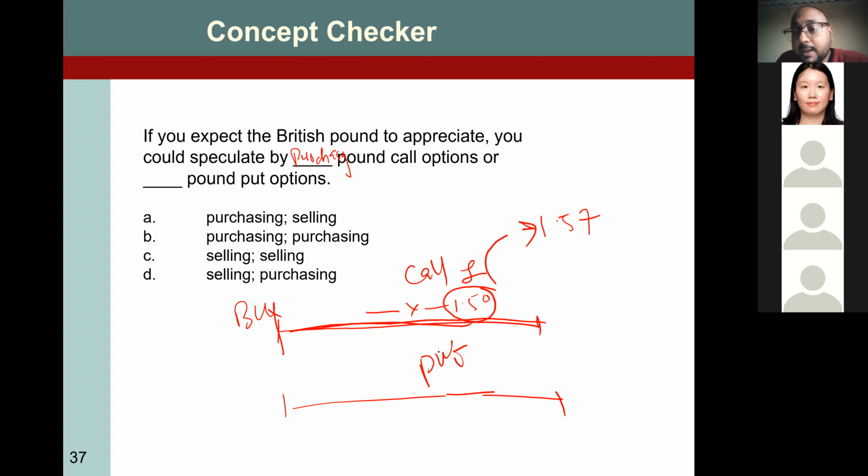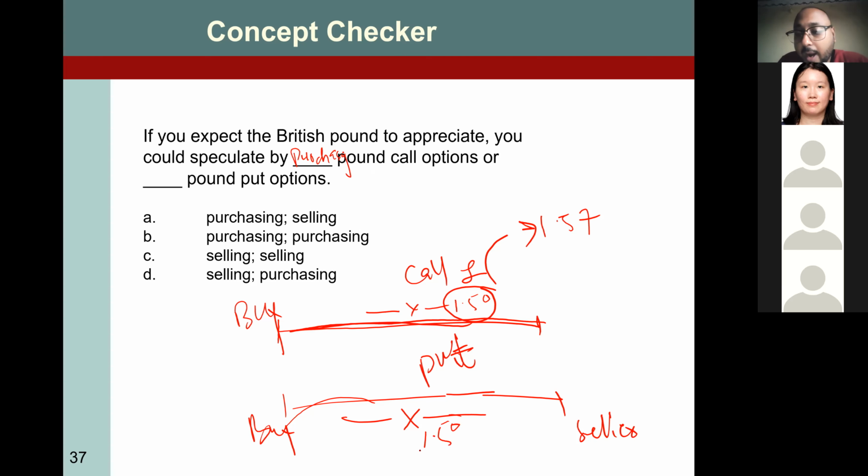So what is the put option here? There is a buyer of the put and a seller of the put. The buyer of the put option says, I will sell you at this price. If the exercise price is 1.50, I would sell at 1.50, but we expect that the price will go up.